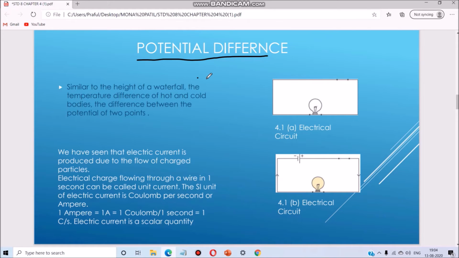It is similar to the height of a waterfall, the temperature difference of hot and cold bodies, the difference between the potentials of two points. So two points are required here.